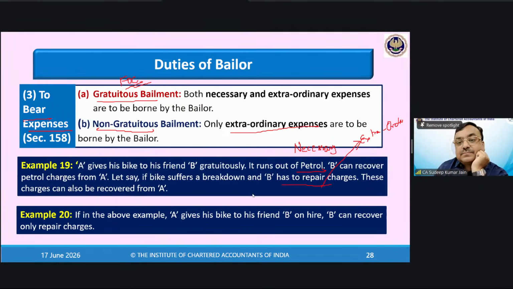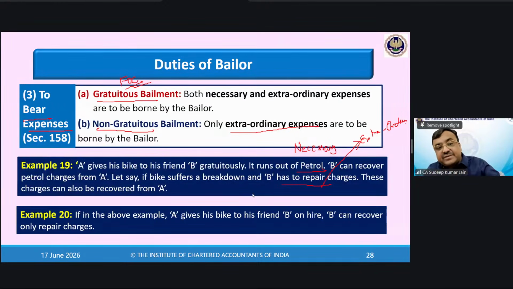Because the bike is given gratuitously, both expenses, necessary and extraordinary, petrol charges and the repair charges, will be borne by the bailer, that is A.